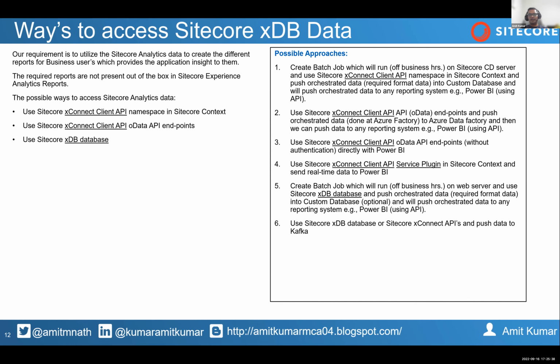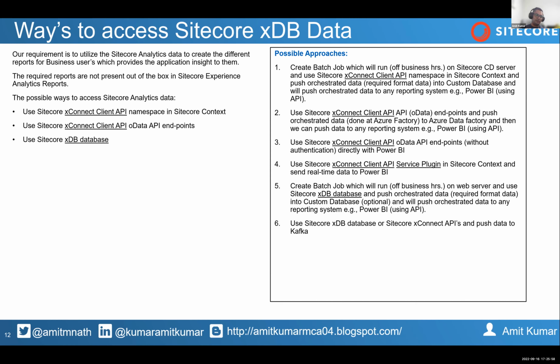And the third option is that if you have a Power BI subscription, then you can consume the xConnect client API or data API endpoint directly within Power BI itself. But there, you cannot use the thumbprint type of authentication.